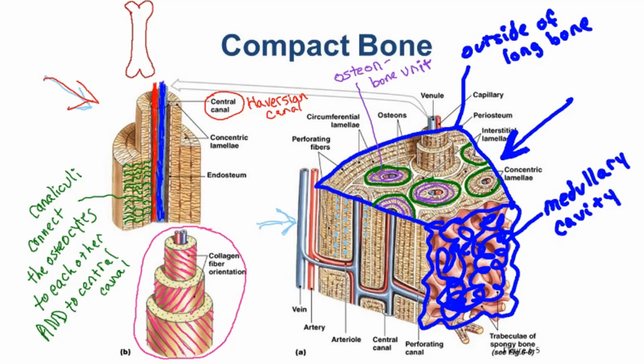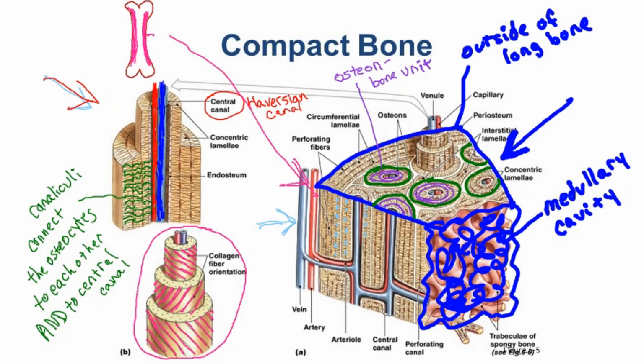And inside that long bone, the most external layers are these layers of compact bone. This is the compact bone in here, and this is the compact bone on this side, on the most external part of the long bone. And so this pink is what we're talking about when I'm showing you this triangle right here.